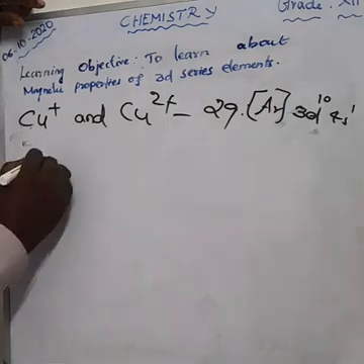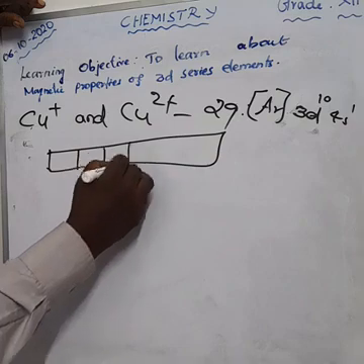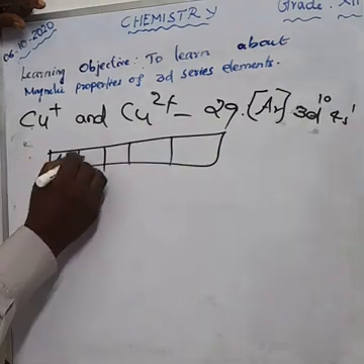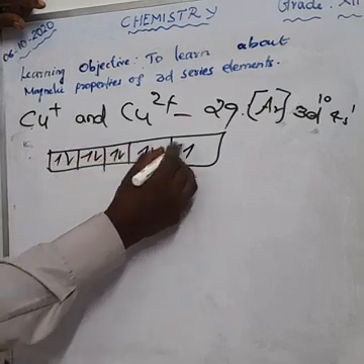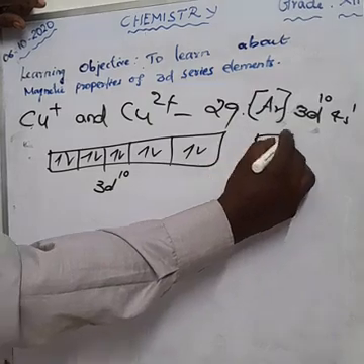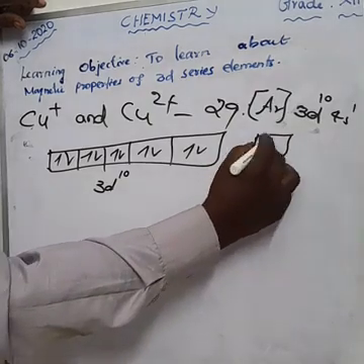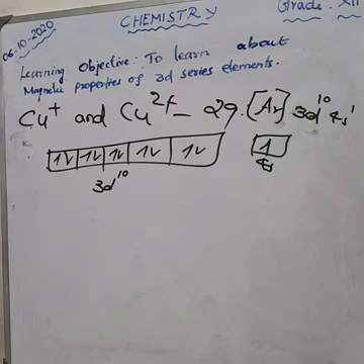Am I right? D subshell is completely filled: 1, 2, 3, 4, 5, 6, 7, 8, 9, 10. That is 3d10, 4s has how many electrons? 1 electron. That is, the d subshell is completely filled and the s subshell is half filled. This is about the stability of copper.